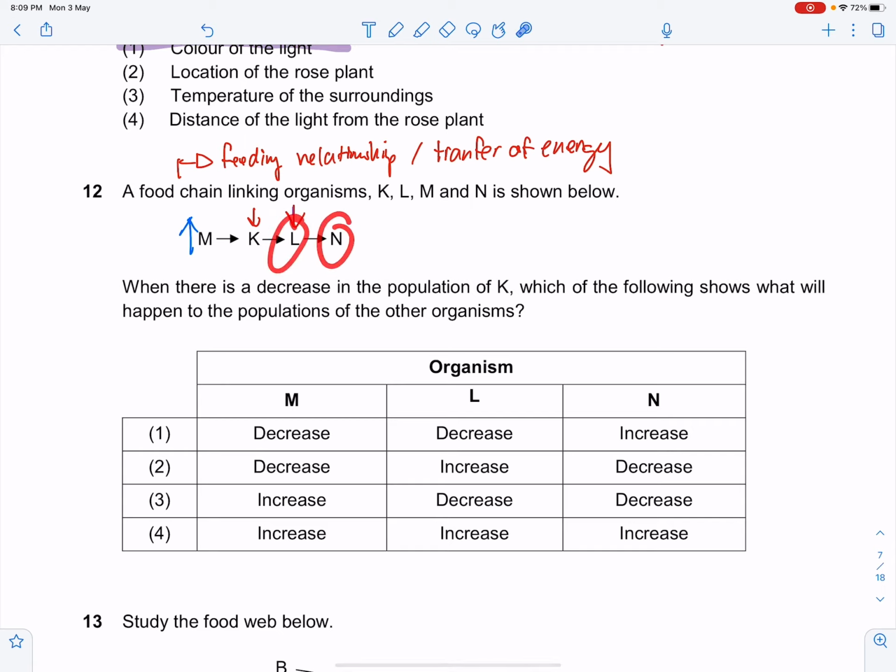Since N feeds on L, N would also decrease because now there's a lower population of L. So given such a situation, the answer would be number 3, whereby M will increase because K has decreased to feed it. Because there's a lower population of K, L has less K to feed on and is running out of food, so L will decrease, and because L decreases, N will also decrease. Can you see it's kind of like a domino effect over here.